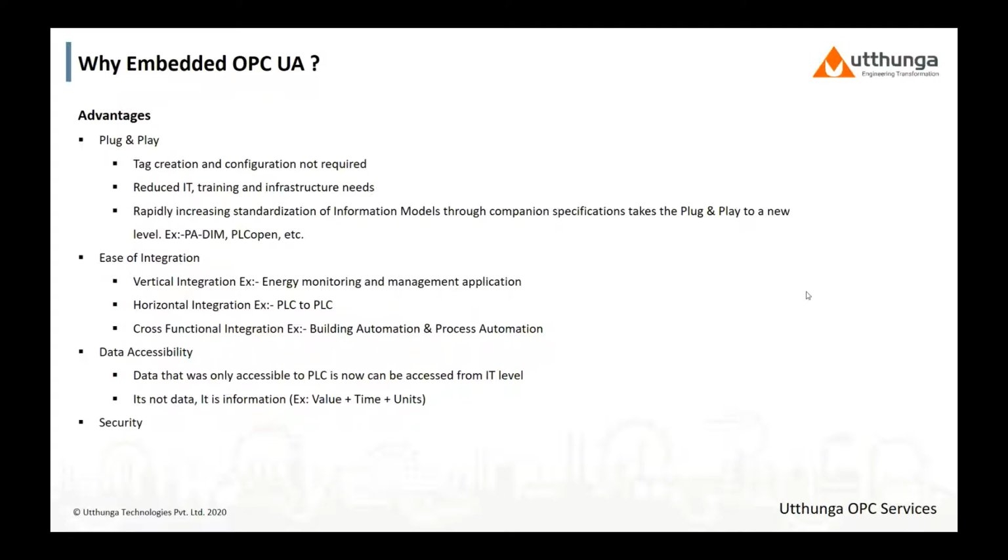And the last point is security. Most industrial automation protocols are either not secure, or you have to do something special or additional, outside the spec, to make them secure.